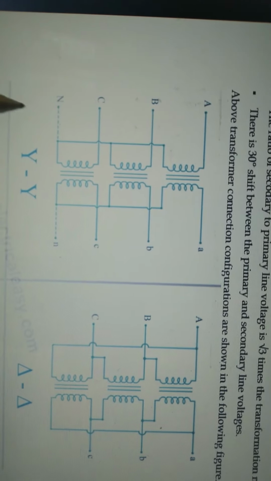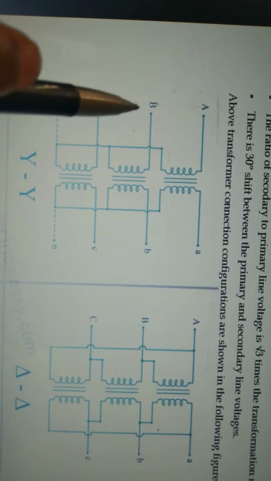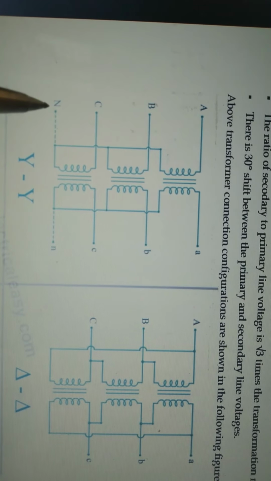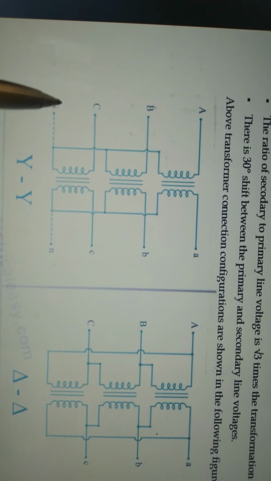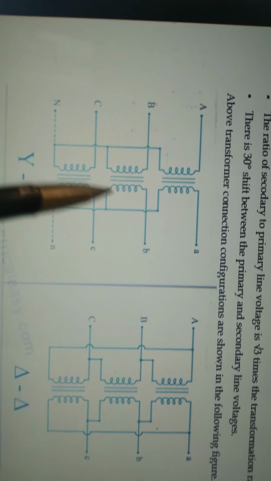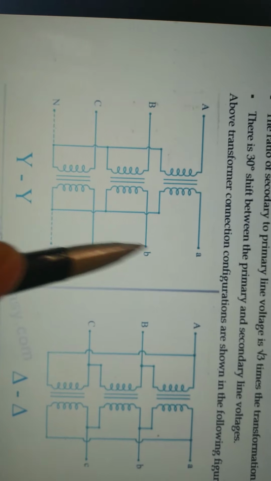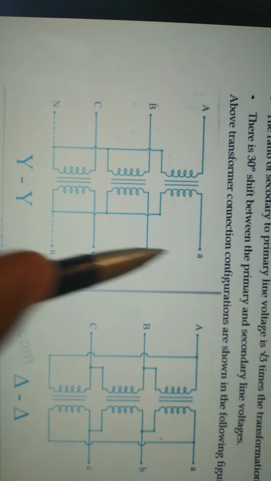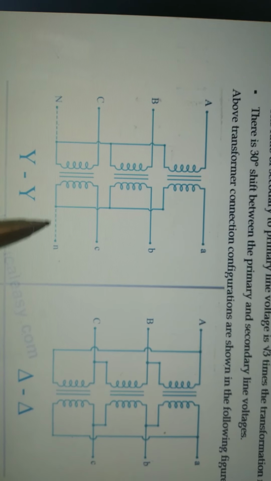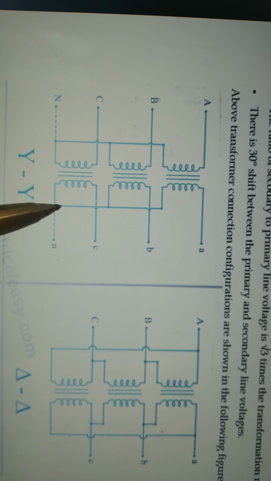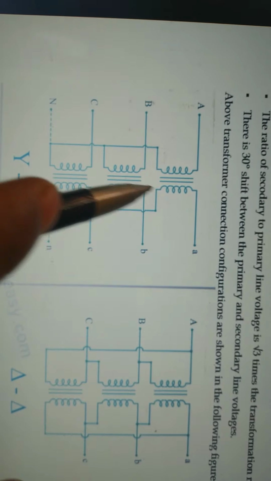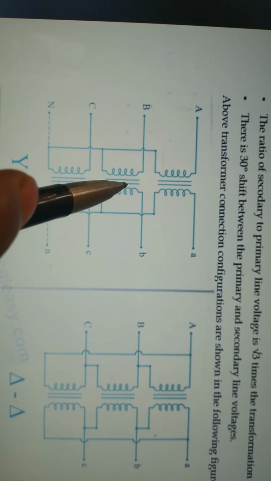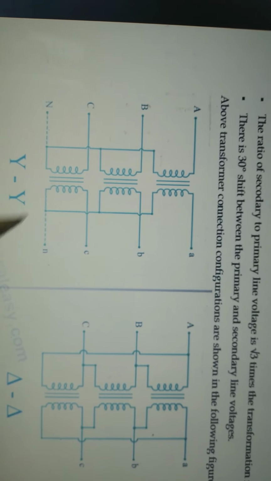Three phases are available: A phase, B phase, C phase, and the neutral point because it is star connection. This is the secondary winding. This side also has three phases, connected like this. It is also star connection. In between, this is the transformer core which we can see.